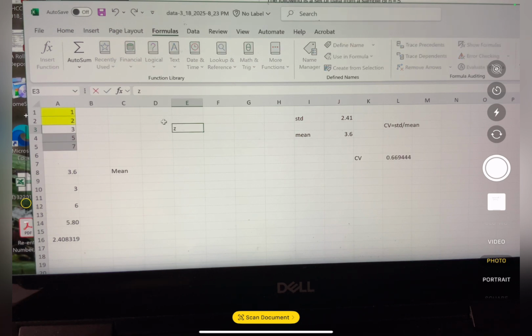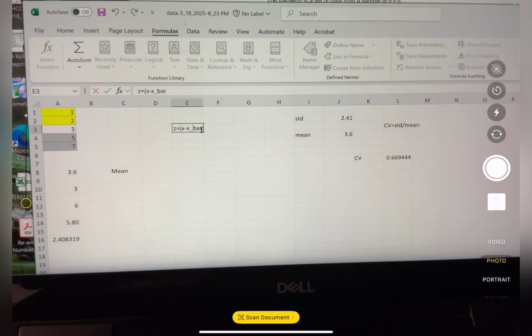is equal to x, I need to put in parentheses, x minus x bar. x bar is the average of the sample.